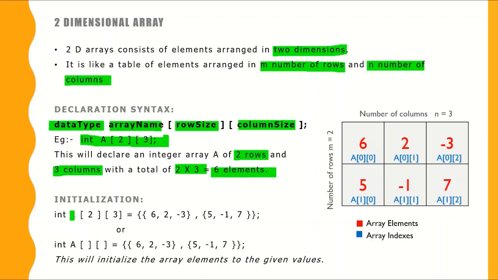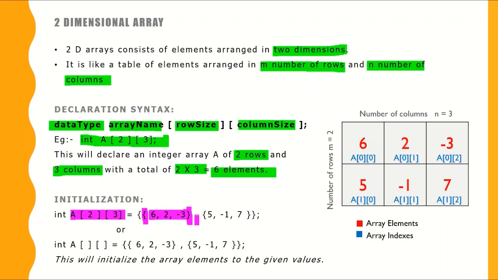Initialization. int a[2][3] equal to 6, 2, minus 3, separated by commas, which is the first row of elements of the two-dimensional matrix within curly brackets.